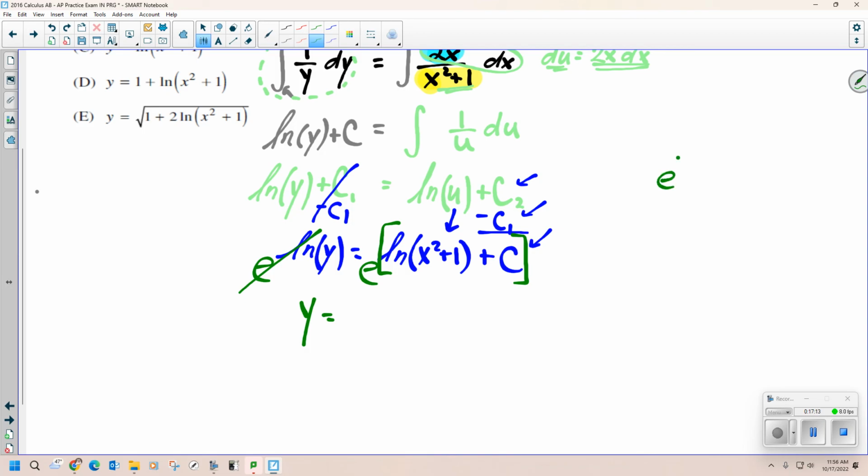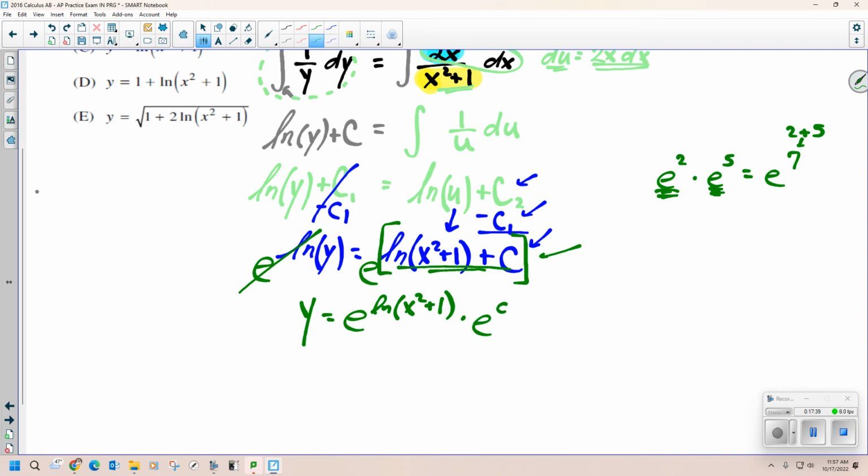If I have e squared times e to the 5th, that is when I add exponents. Okay, so in order to get this exponent where I'm adding the exponents, I had to multiply similar e's here, meaning I take e to the ln of x squared plus 1 times e to the c. And that's how I ended up adding them up here.